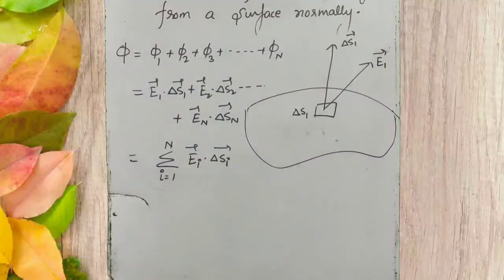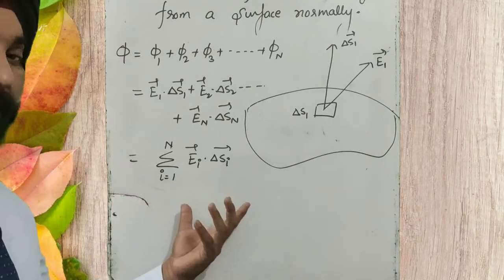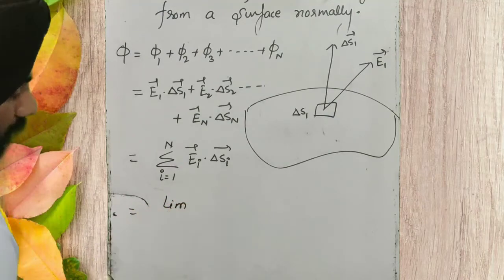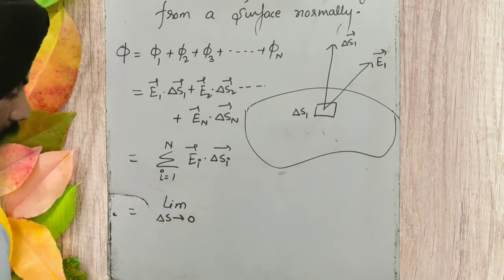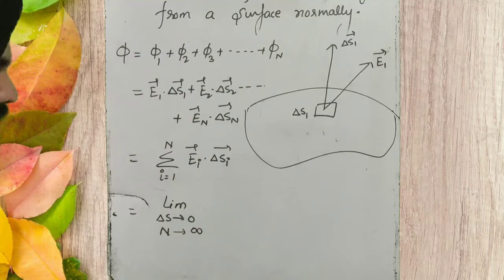If we want to write it more correctly in mathematical form, we have to take the limit delta S tends to 0, dividing this surface into an infinite number of parts.